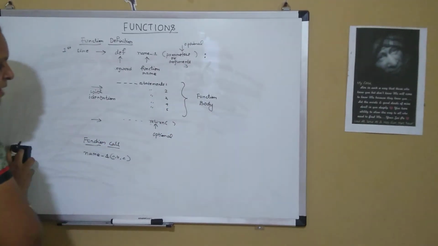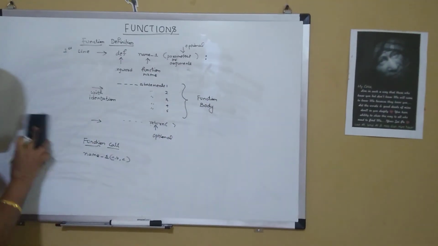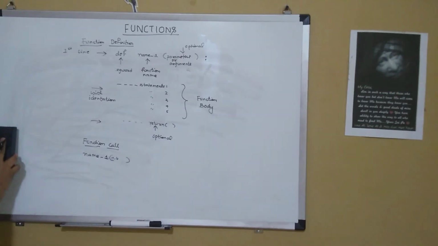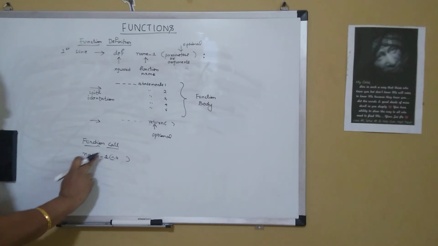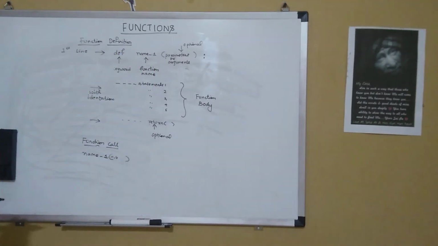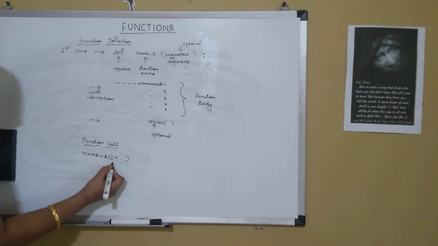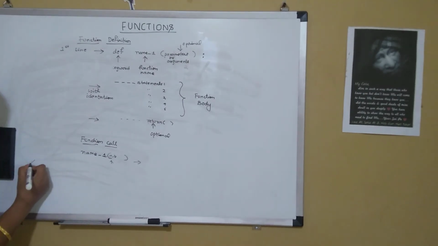Suppose I have two parameters over here, then I have to pass two parameters in the function call as well. So the number of parameters in the call statement should match the number of parameters in the function definition, and also the order should be maintained. So it's an important point.